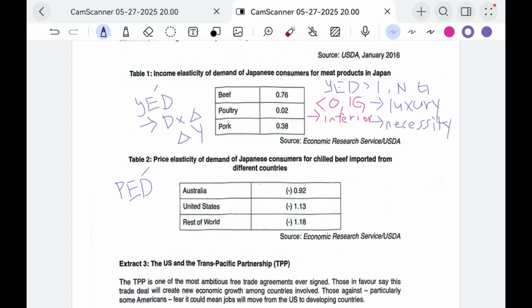So here, PED is the relationship between your price and quantity demanded, because it looks at the demand curve, whether your demand curve is gentle or steep.